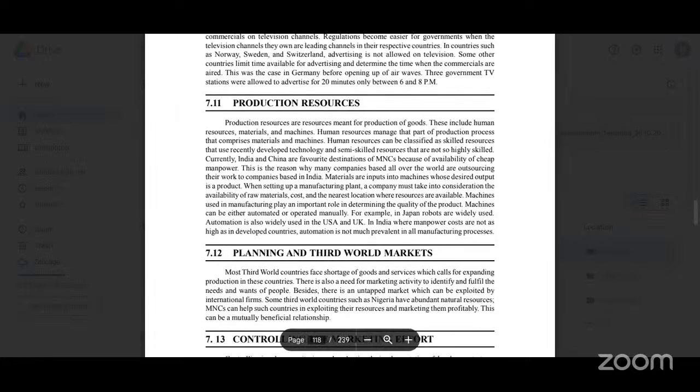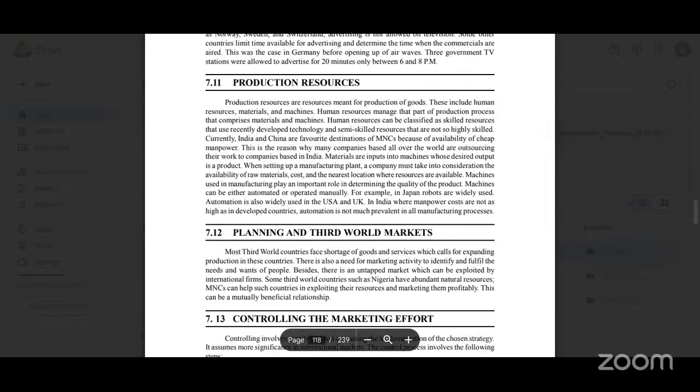So also in terms of production resources, they are resources meant for actual production of goods. They include factors like human resources, materials, and machines. Now all three together will help the company produce certain goods and services. So materials are inputs into machines whose desired output is obviously a product.